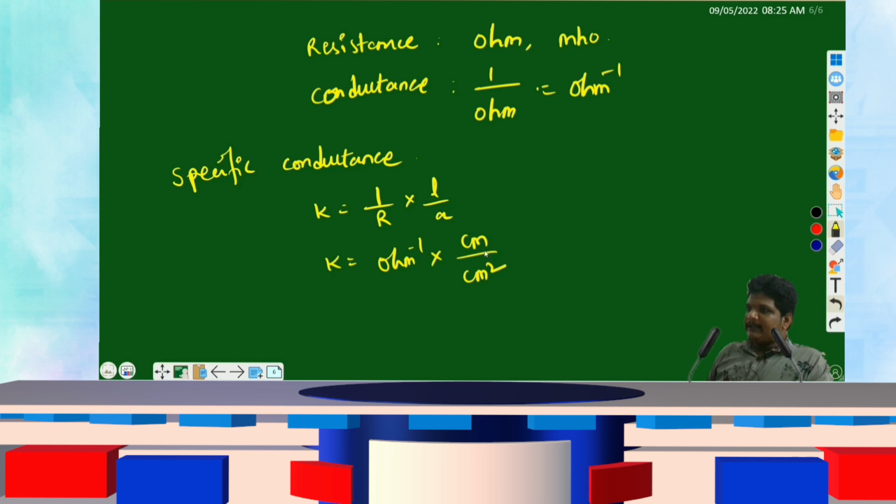The square and centimeter cancel out, so we get ohm inverse centimeter inverse.